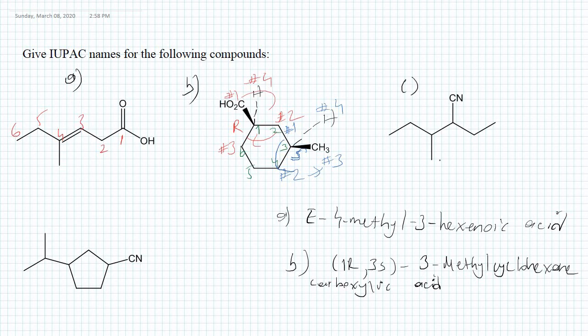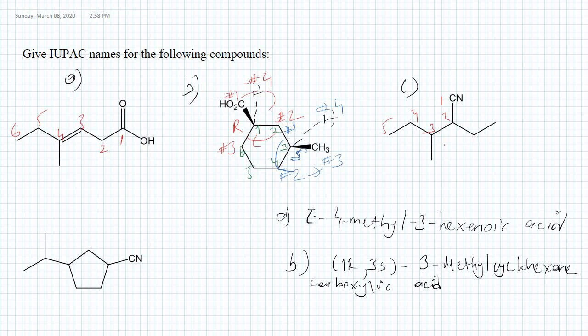Let's look at C. C is a nitrile. Why is it a nitrile? Because it has a carbon-nitrogen triple bond functionality. So we have to start numbering from this carbon, and we have to find the longest chain: 2, 3, 4 and 5. 5 is the longest, so this is a pentane nitrile. But we have to say what kind of substituents we have.